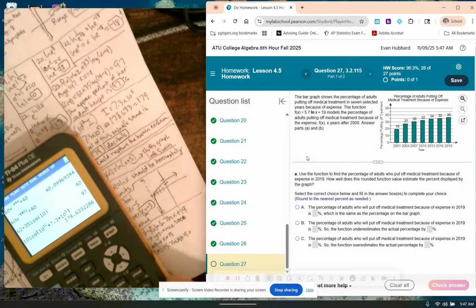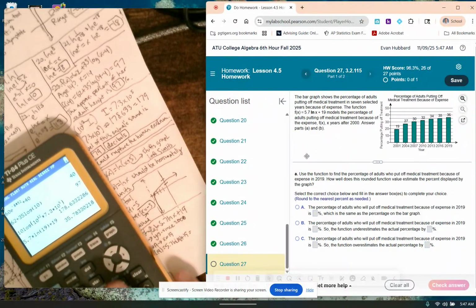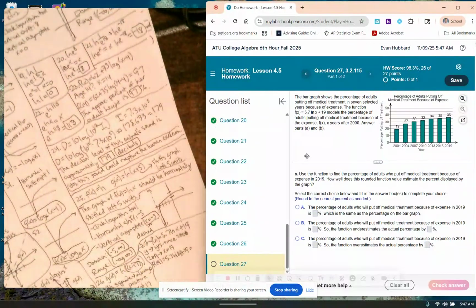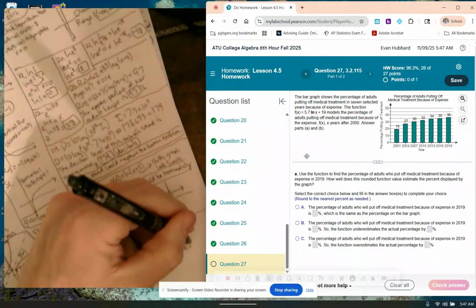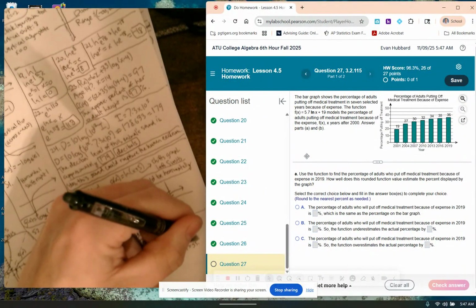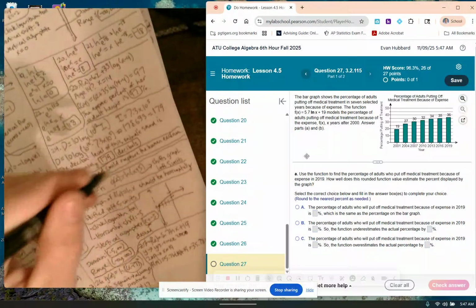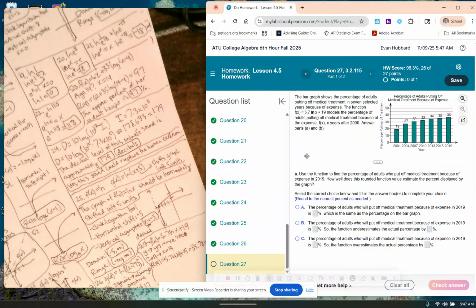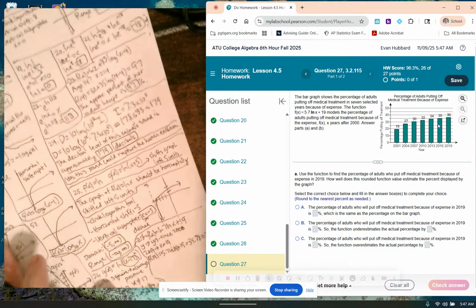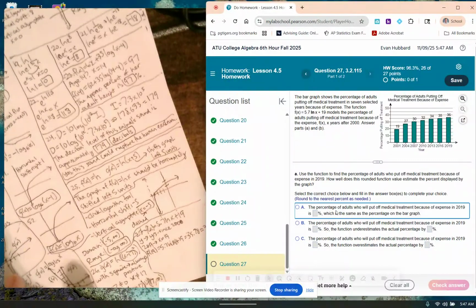It's the nearest percent, so 35.78 is around 36%. Now that's 36% for 19, and 36 is in the bar graph as well, so it's the same as the bar graph.